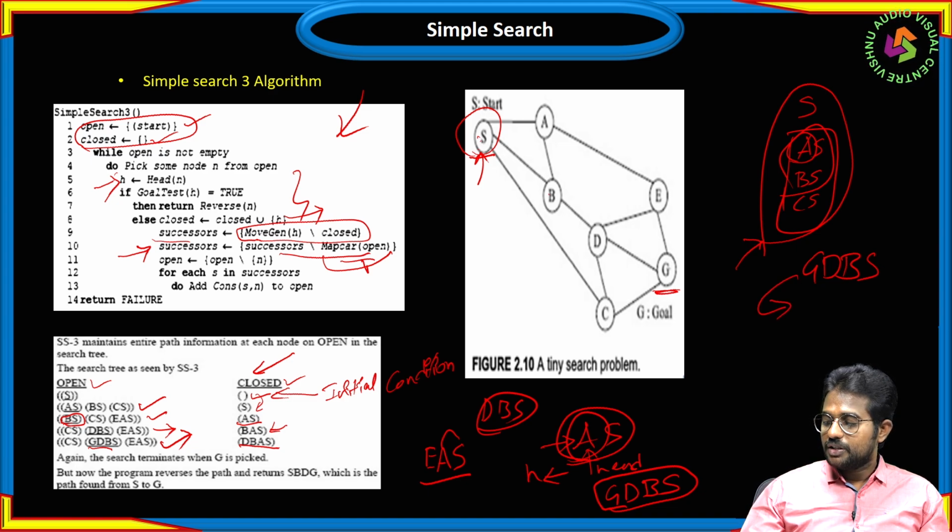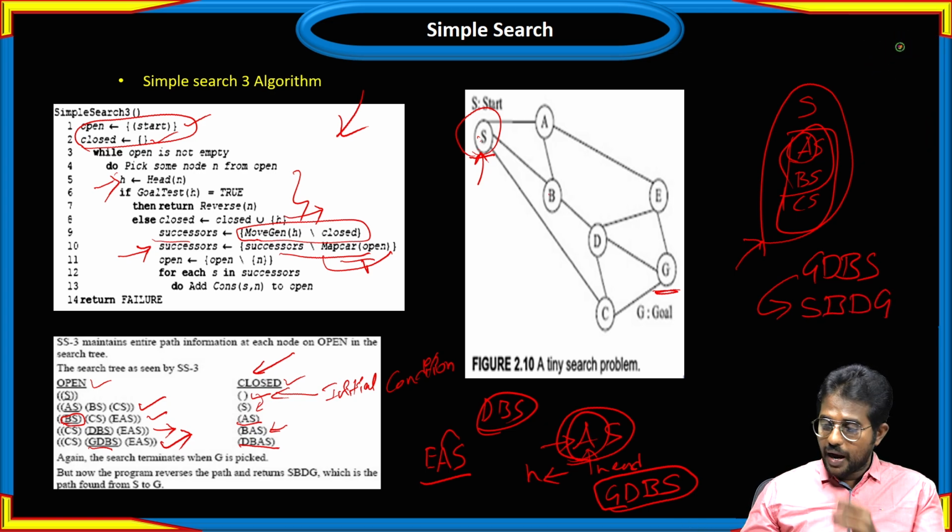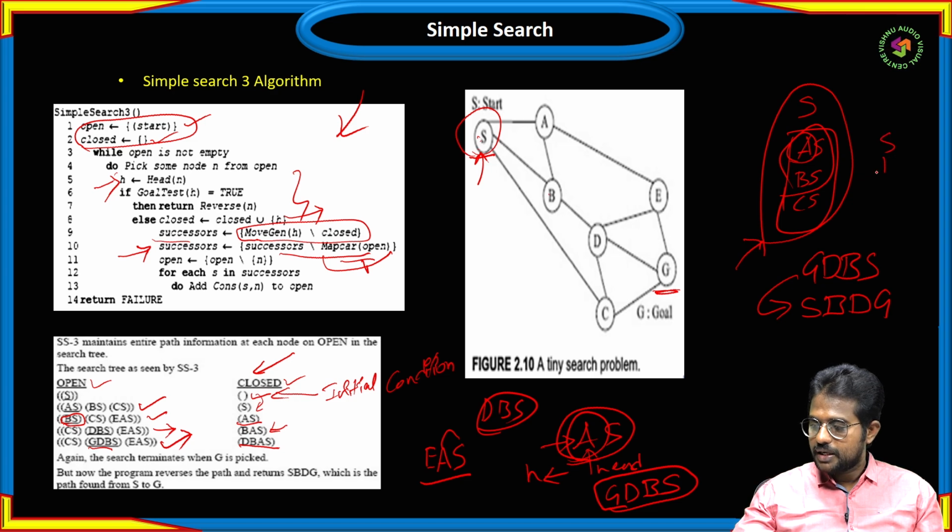If we reverse it, we will have S, B, D and G. So the path is S, from S we have gone to B, after that B to D, after that D to G. So this is the path.